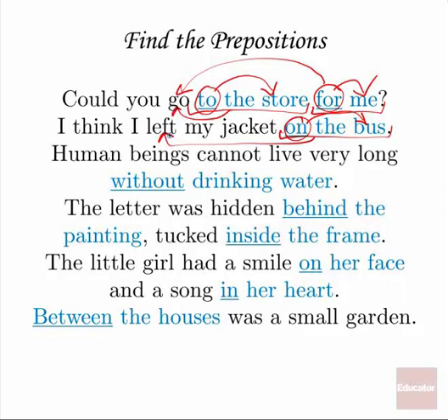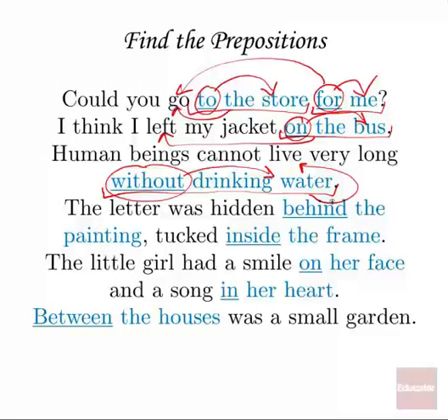Human beings cannot live very long without drinking water. How can they not live very long? Without drinking water. So it modifies the verb live. The letter was hidden behind the painting, modifying hidden.